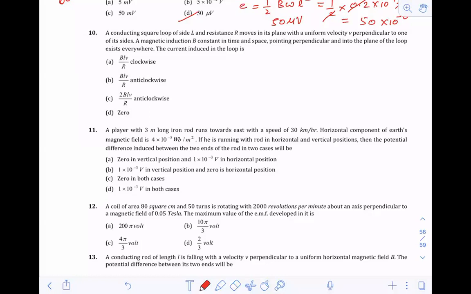I'm asking you, Sanjita, why are you saying that option is correct? I want the reason.